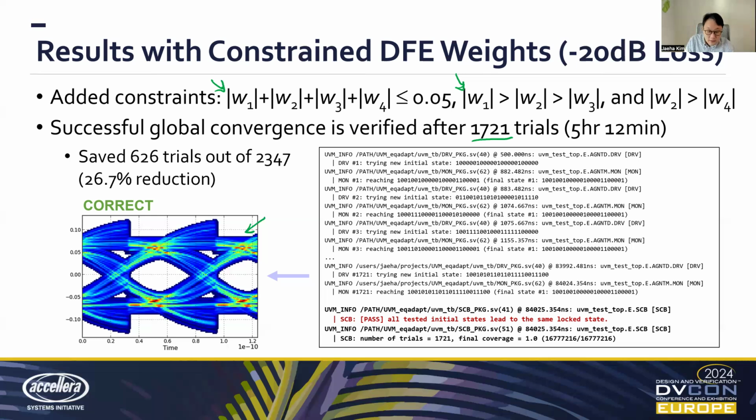But it was actually a lower number than what we would otherwise have had to run, which was 2347. So by not running another trial on the individual states that are visited during the other trials, we were able to achieve a 26.7% reduction in the number of trials.